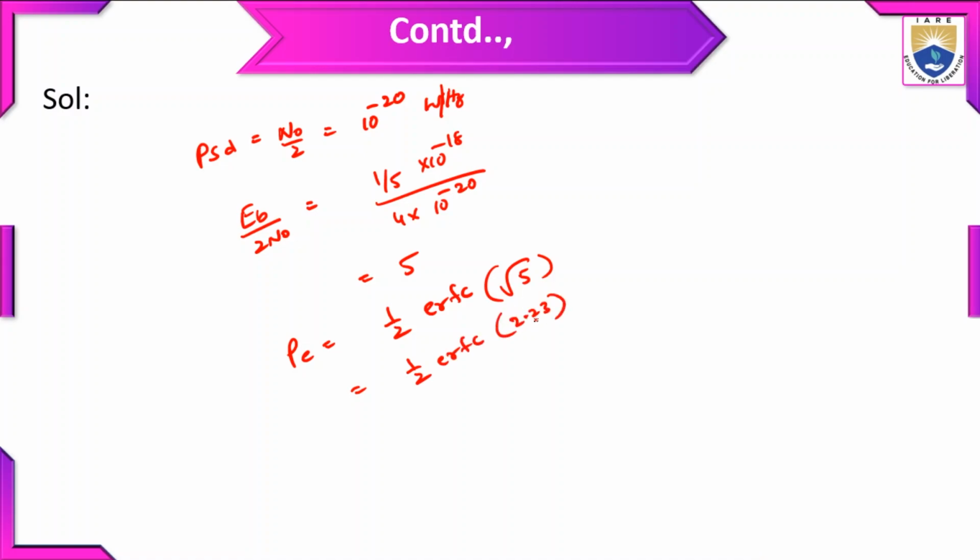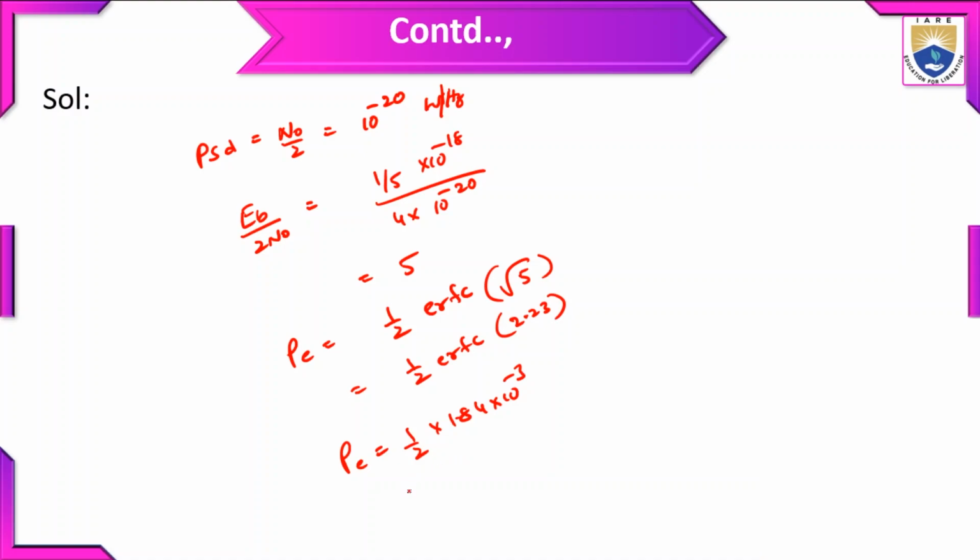Then you go to the erfc table. So you check where the 2.23 value gives. So probability of error is equal to 1 by 2 into 1.84 into 10 power minus 3. So here 2.23 value gives in the erfc table as 1.84 into 10 power minus 3.